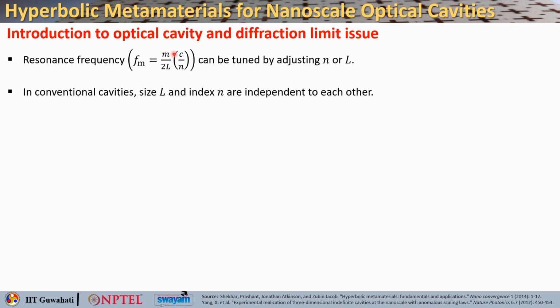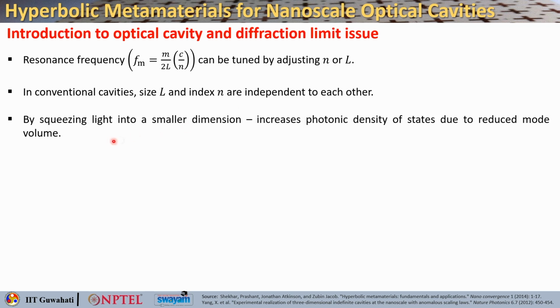Also, if m, the mode number, increases, you will get higher frequencies. On the other hand, you can say a higher mode causes higher frequencies and shorter wavelength, and that corresponds to a smaller refractive index. In conventional cavities, size L and index n are independent of each other.